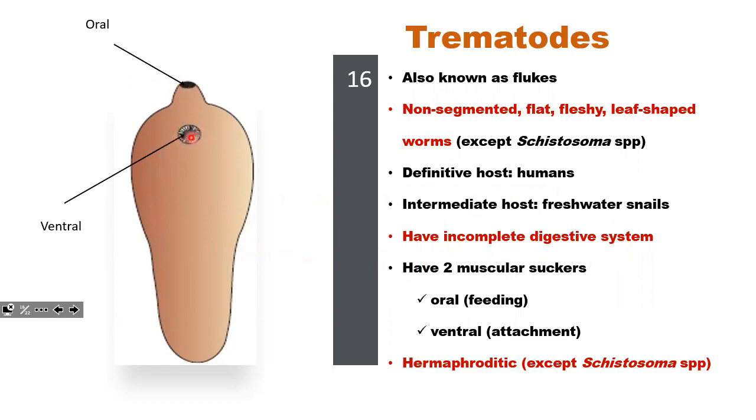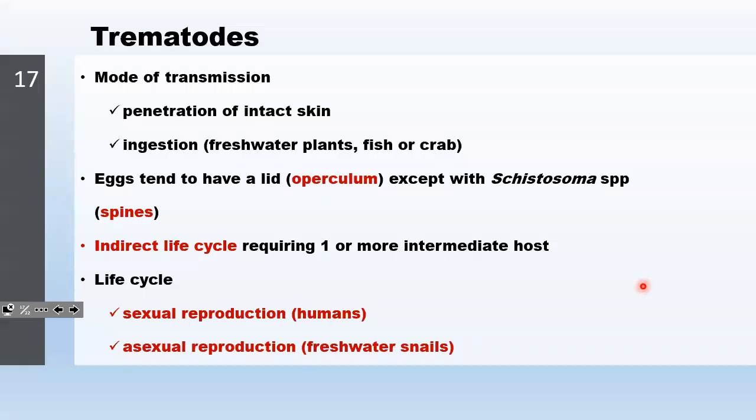The ventral is for attachment and the oral is for feeding. Like all platyhelminths, they are hermaphrodites, except the schistosome species in which you have the male worm and the female worm. So the schistosomes are the exception to the general characteristics of trematodes.